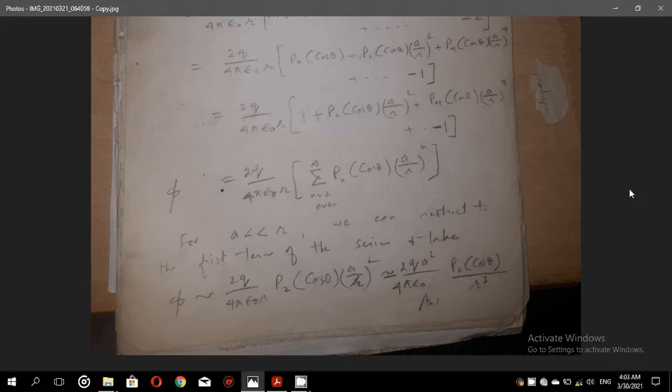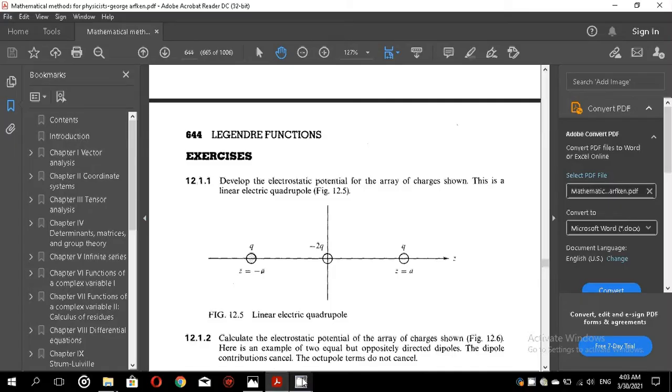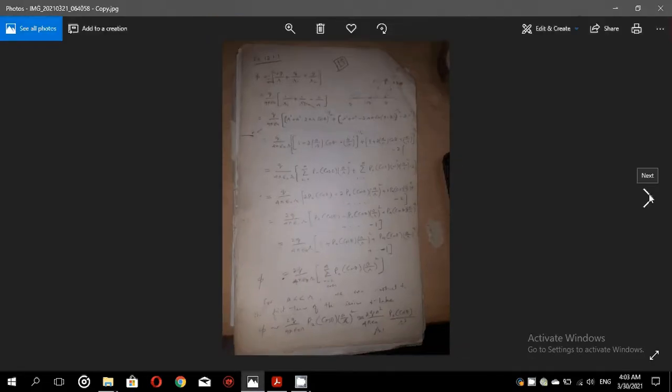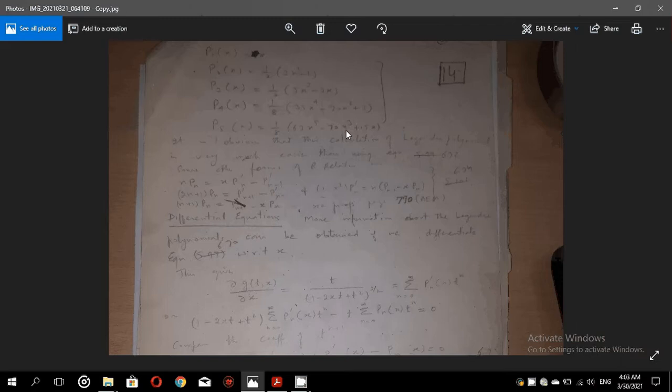Okay, now let me go to the next page. This is page 13. Now what is on the next page? Let me see. We rotate this first and then zoom it a little bit. Okay, so this is page number 14.